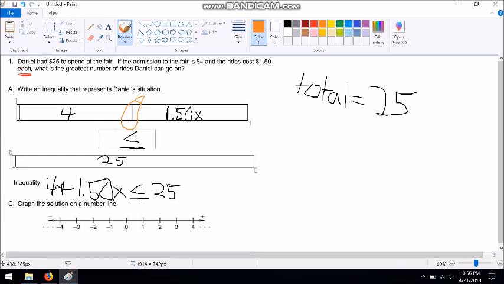So the next thing we have to do is solve our inequality. Solving our inequality is much like solving our equation. I'm drawing this arrow to show you that I'm going to be putting my work over here to solve it. So I'm going to rewrite 4 plus 1.50x is less than or equal to 25.